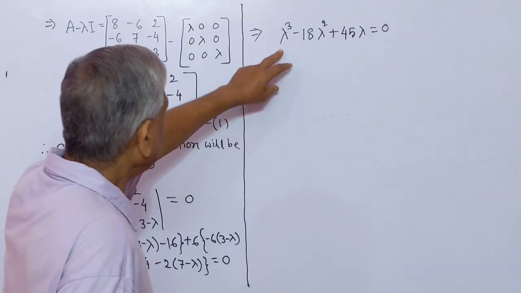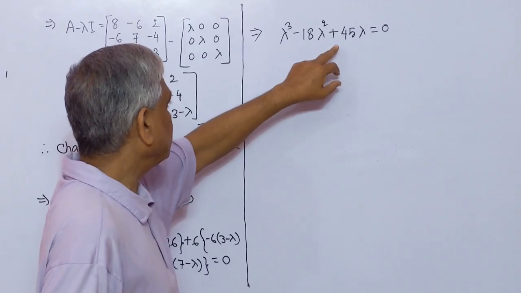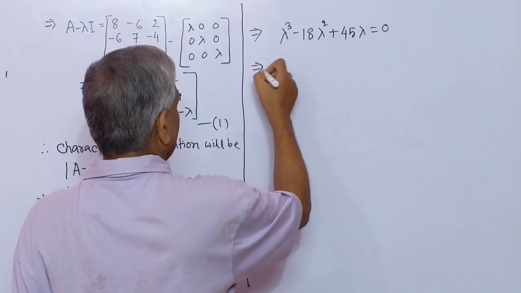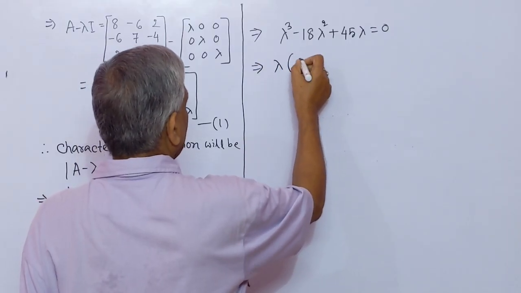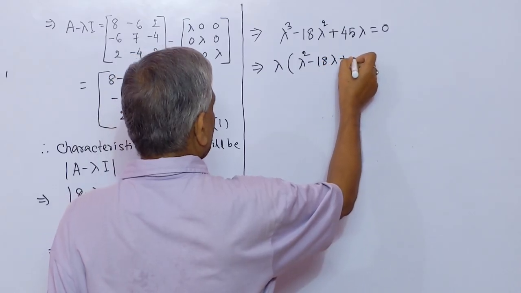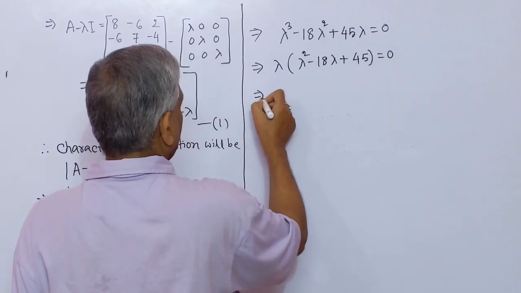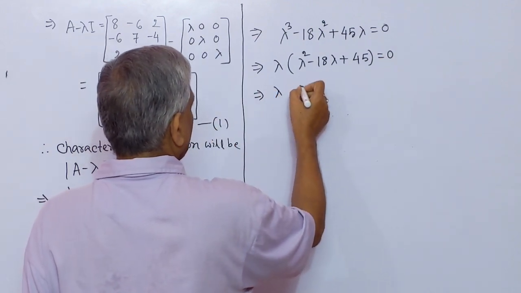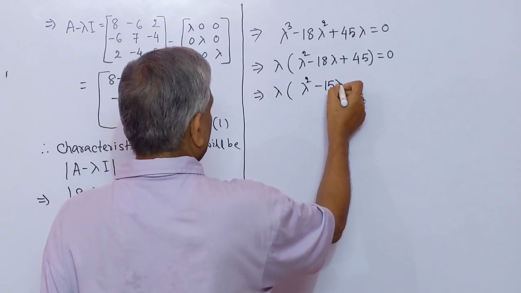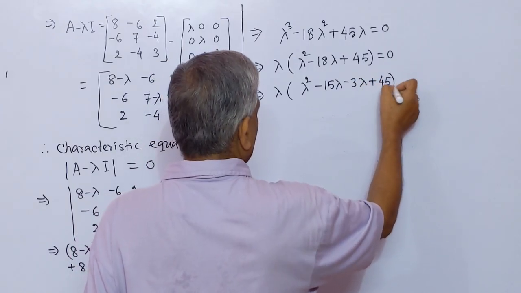By calculating, we get lambda to the power 3 minus 18 lambda square plus 45 lambda equal to 0. This implies that we take common lambda, so lambda square minus 18 lambda plus 45 equal to 0, which implies lambda square minus 15 lambda minus 3 lambda plus 45 equal to 0.